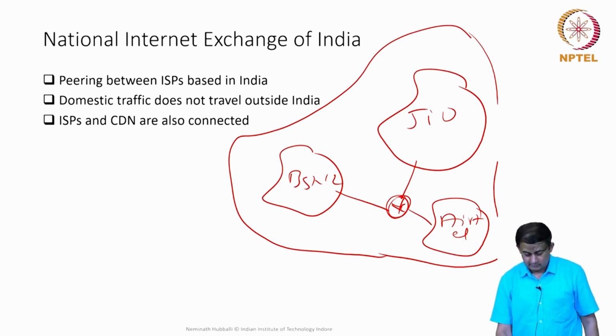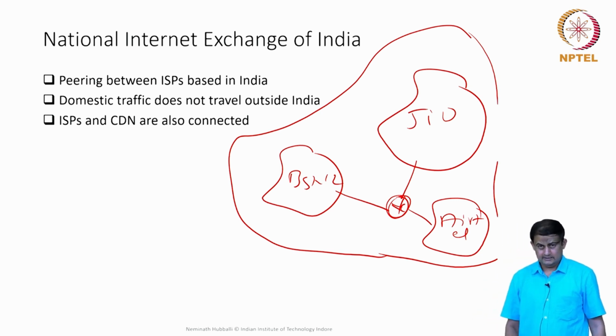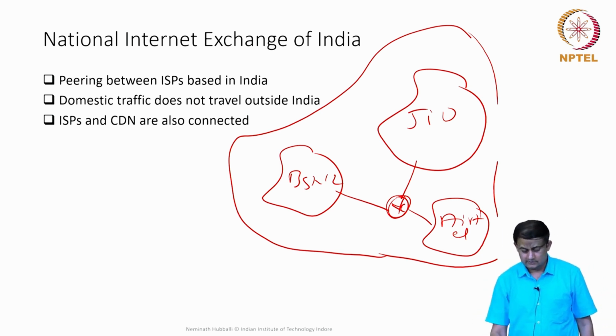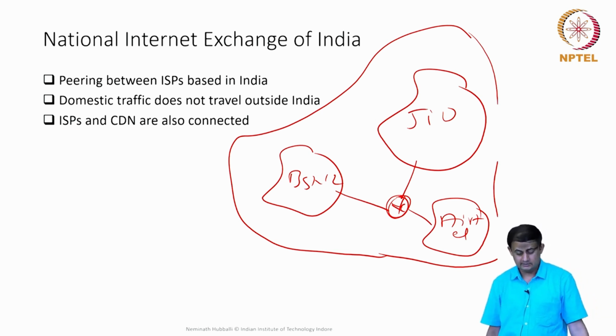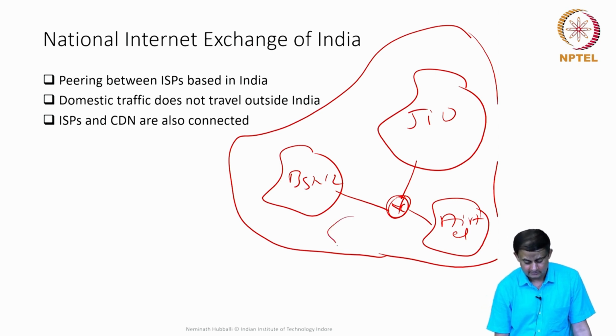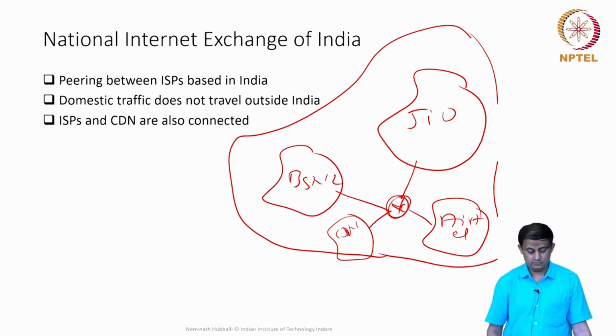So that is what they look like. And internet service providers are not the only ones connected to these exchange points. Sometimes there is something called a CDN. CDN stands for Content Delivery Network, such as Google or YouTube.